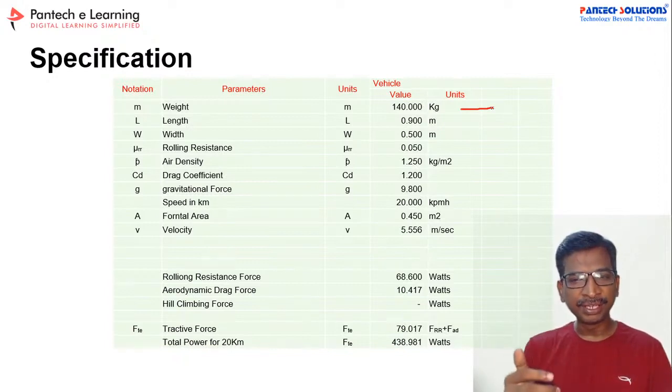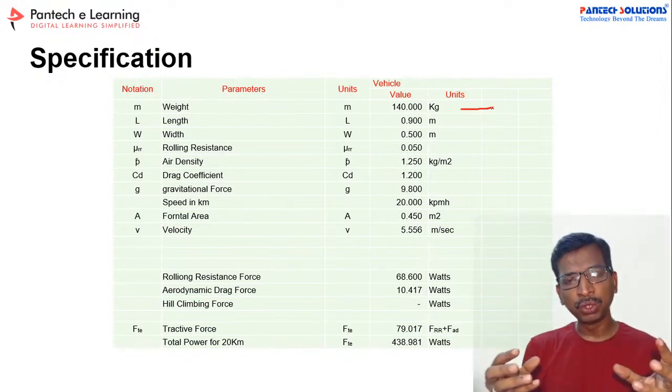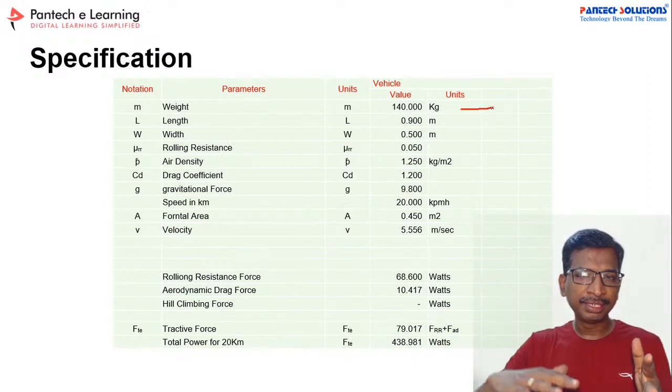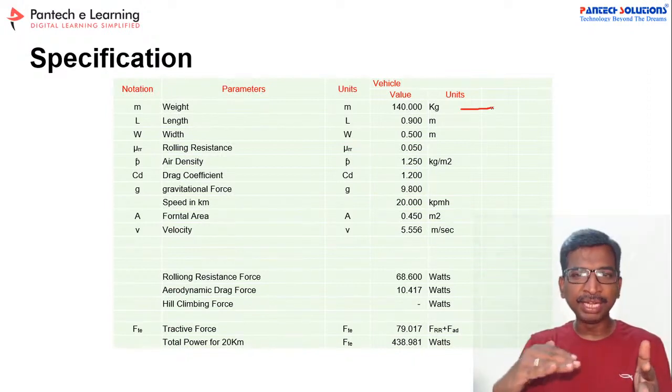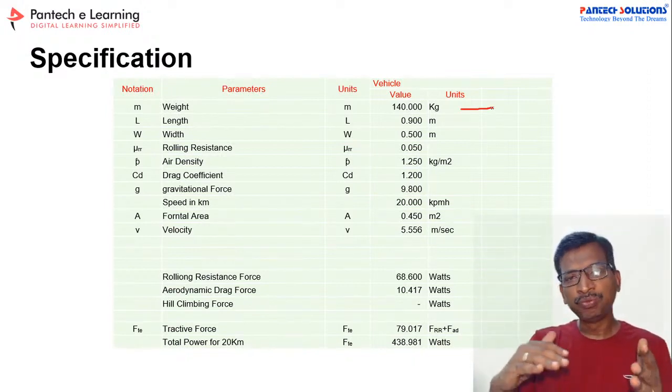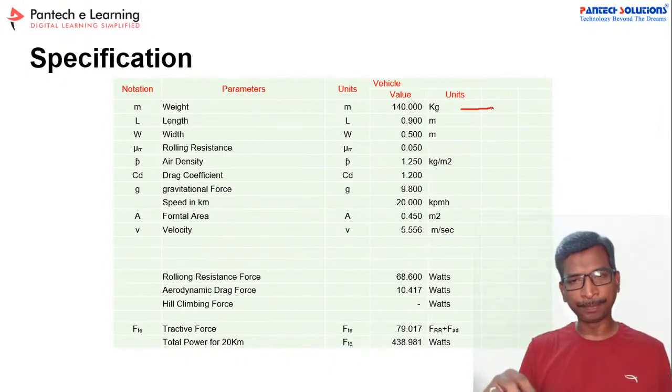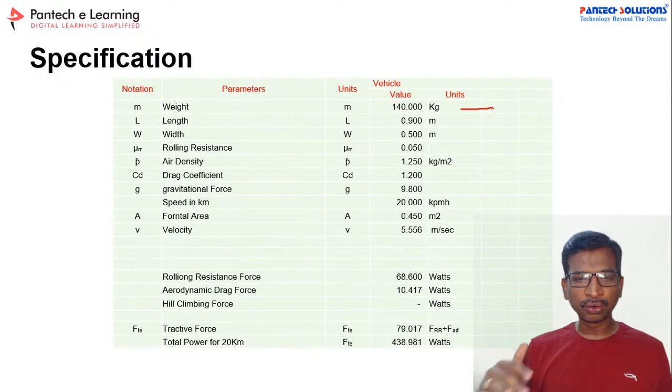And the length and width are 0.9 and 0.5 meter. The rolling resistance is considered at a moderate rate, because here I am going to use the usual tire, and we are going to drive the vehicle on tar road only.